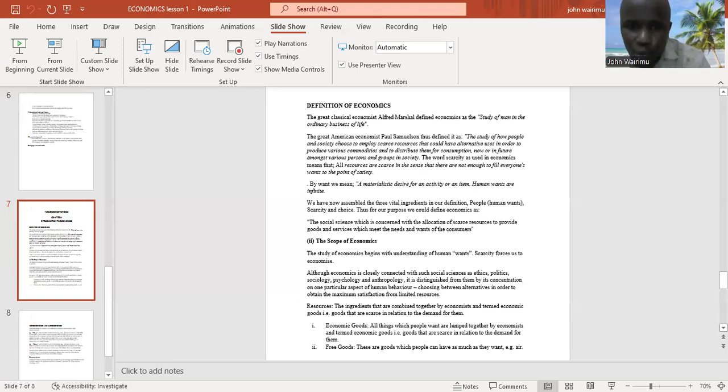Although economics is closely connected with such social sciences as politics, sociology, psychology, and anthropology, it is distinguished from them by concentration on one particular aspect of human behavior: choosing between alternatives in order to obtain maximum satisfaction from limited resources.